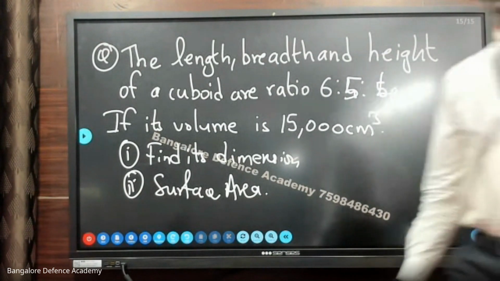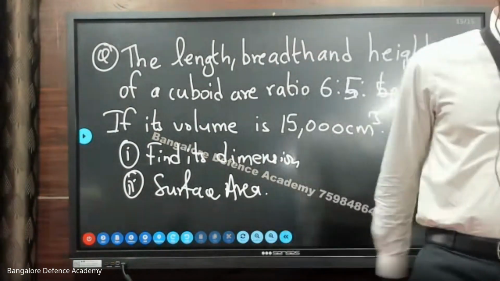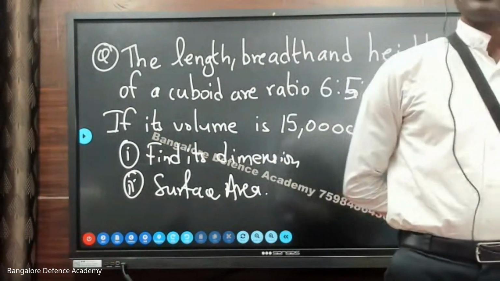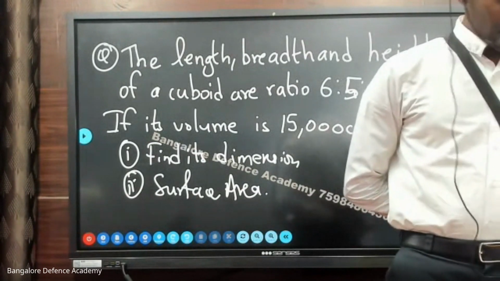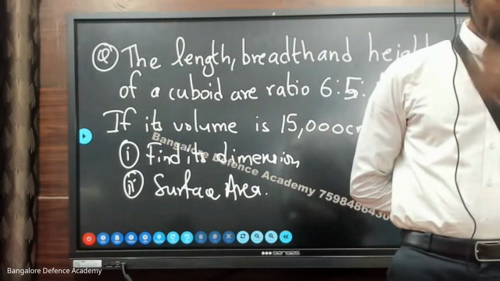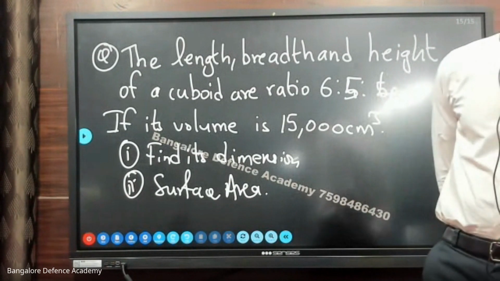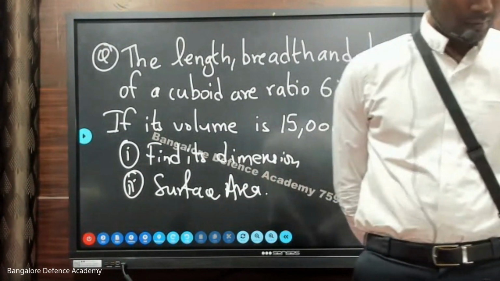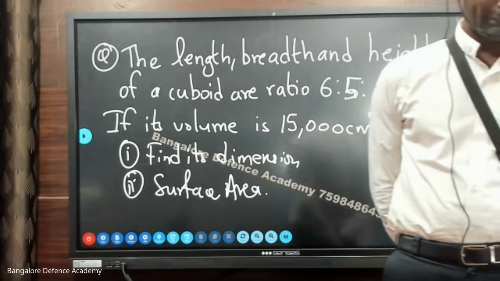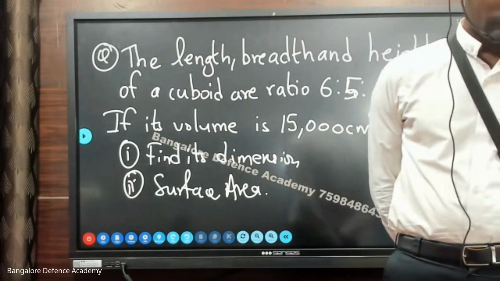Sir, length, how much? 750. Length is 750. Length 625, and height 500. 750, so 625 and 500. Wrong.